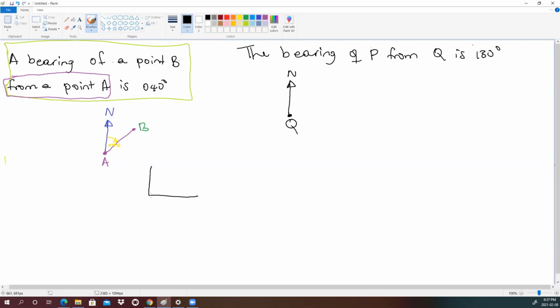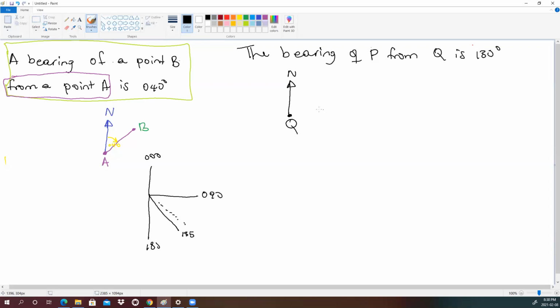This is 000, this is 090, this is 180. Halfway between 90 and 180 is what? 45 plus 90 is 135, right there. So 130 is going to be something like right there.